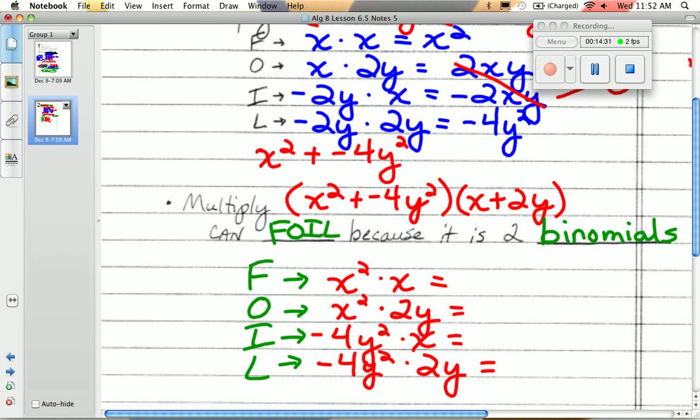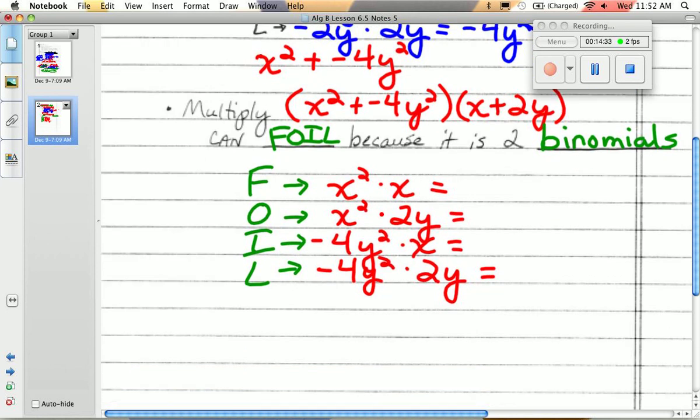I got it. Okay, x squared times x is x cubed. X squared times 2y is 2x squared y. Negative 4y squared times x is negative 4xy squared.